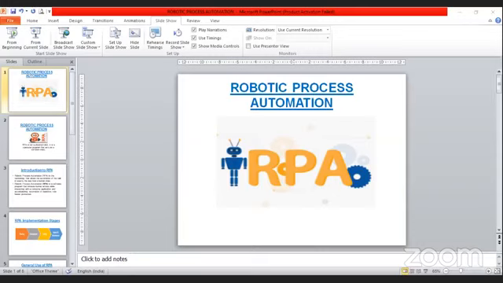Is chatbot an RPA? No, chatbot is not an RPA. This is also a good question. Basically, I don't have much knowledge about chatbots, but in my career I have come across them. A chatbot is used to provide data. If we have some query, we have chatbots on each site.